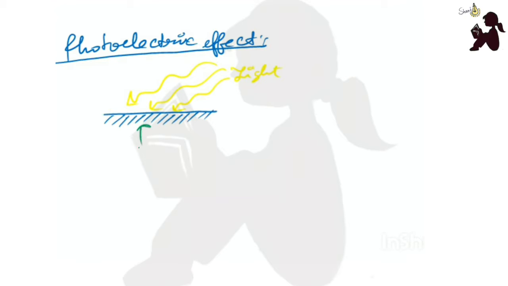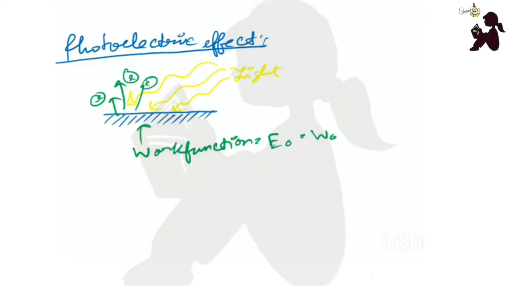This metal has a particular energy or work function. That is our E naught, or we can say W naught. If the light energy exceeds that, then electrons come out of it like this. So these electrons must have a kinetic energy.